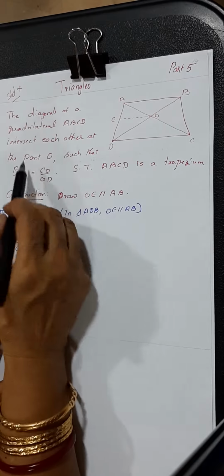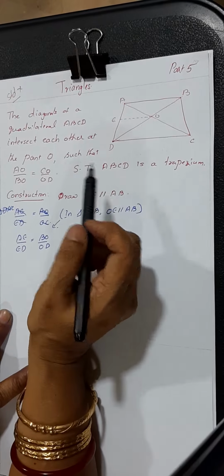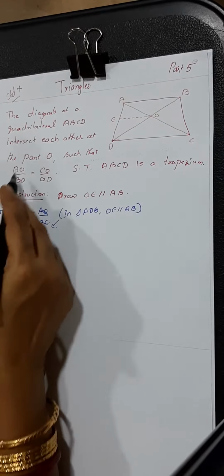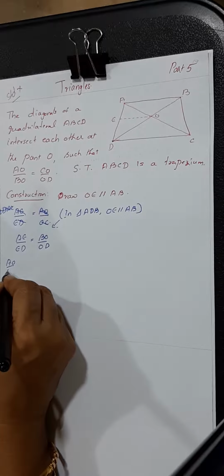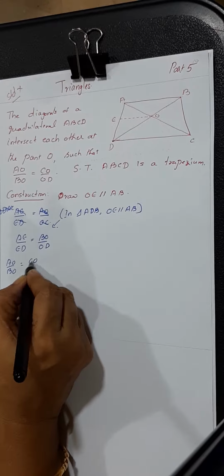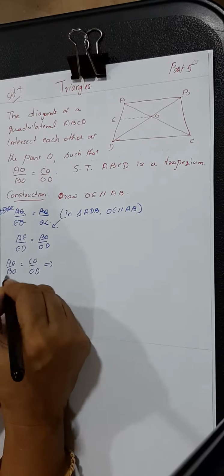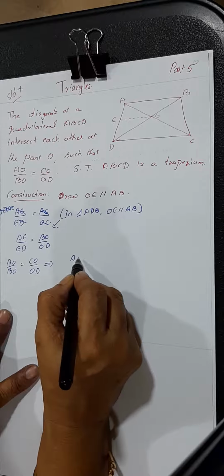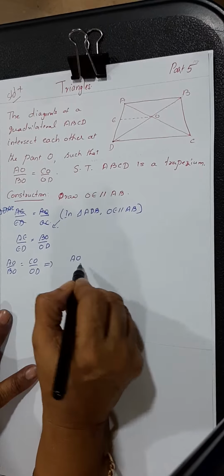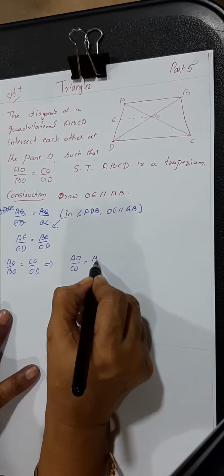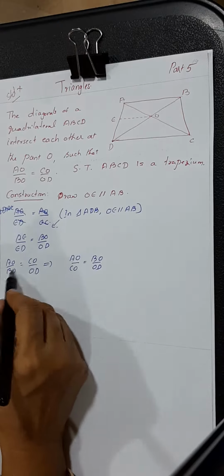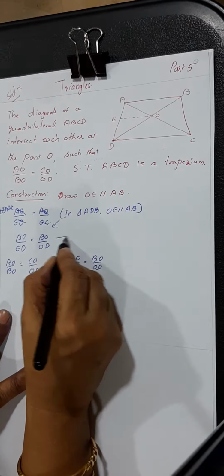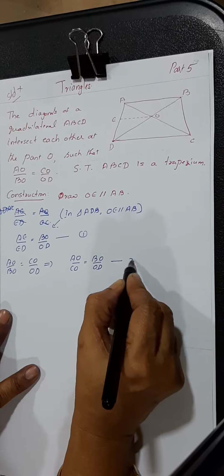Now it is already given AO by BO is equal to CO by OD. From this we will interchange, so we can write AO by CO is equal to BO by OD. Cross multiplying, this goes here and this comes here. So this is 1 and this is 2.